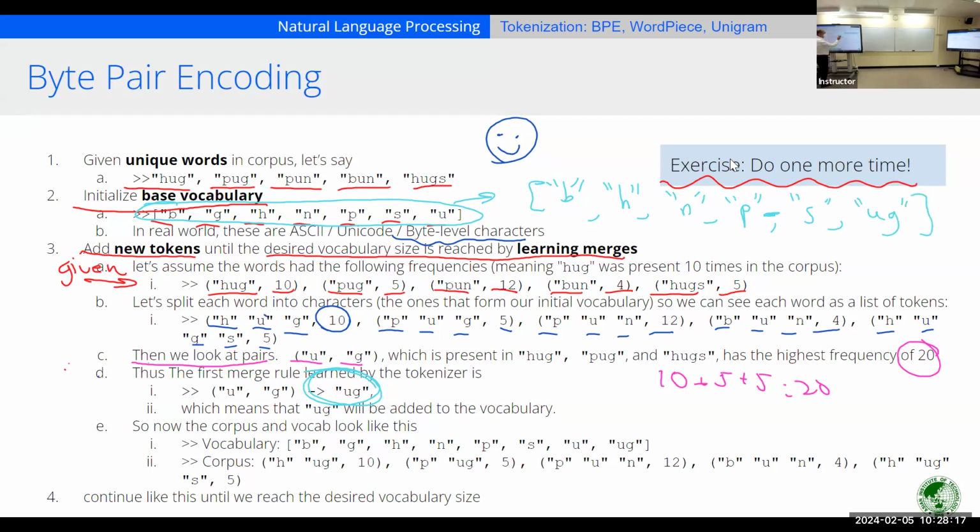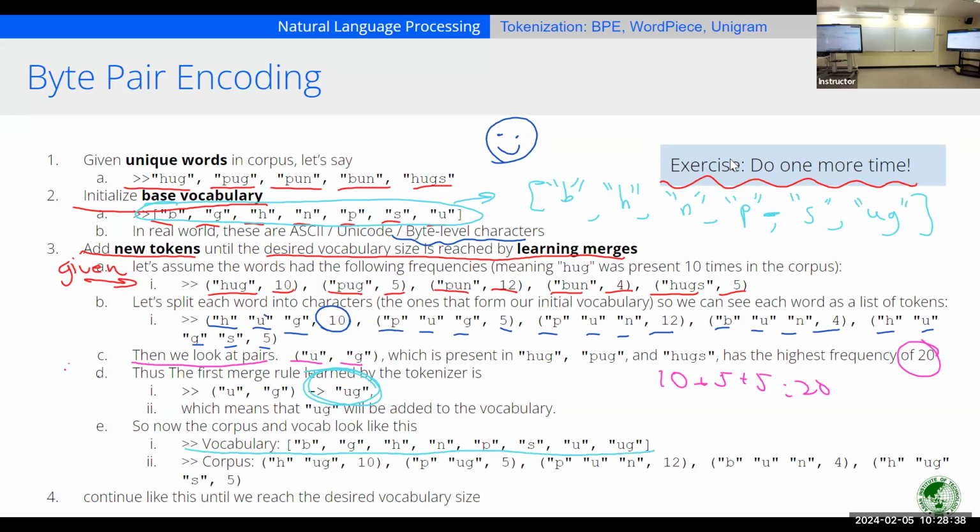Okay? So your base vocabulary changes. Now we don't have a word called U and G separately. We only have a word called UG. Yes.